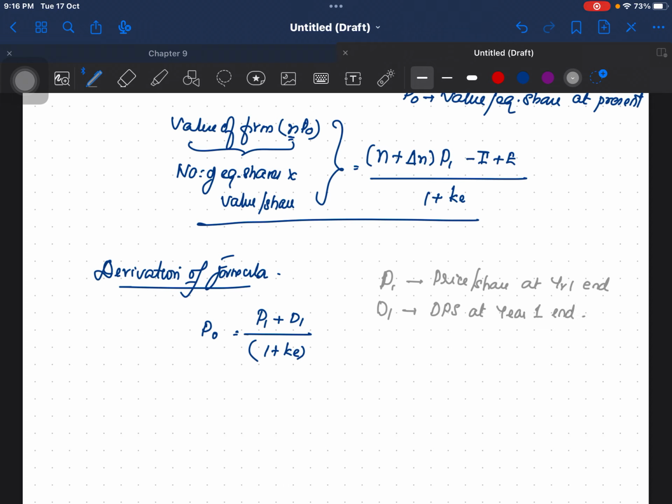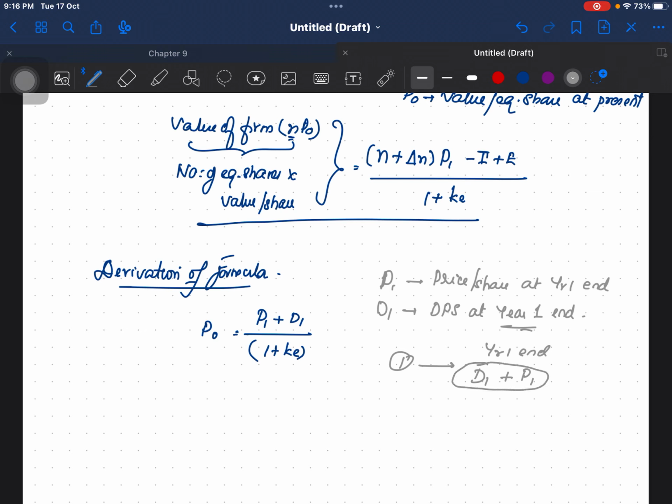So whatever value the shareholders get at the end of year 1. Suppose you are holding one equity share. At year 1 end, you would have received a dividend of D1, plus you will be having one share with you which has a value of P1. So the total value you have is D1 plus P1. I hope this is clear.